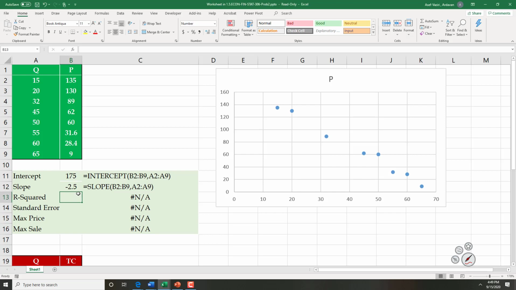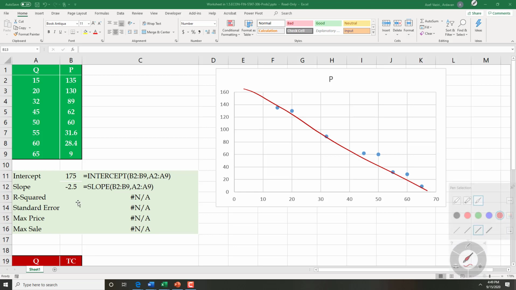The next item that I want to see is how good this line matches those numbers. If those dots were completely lying on a line, R square or coefficient of determination would have come 1.